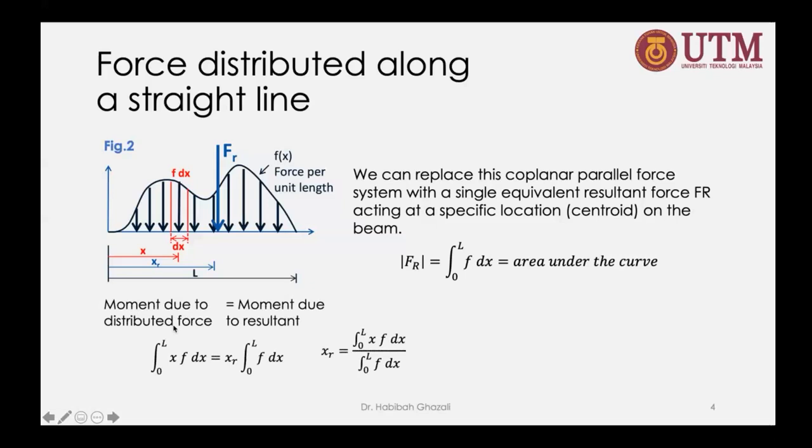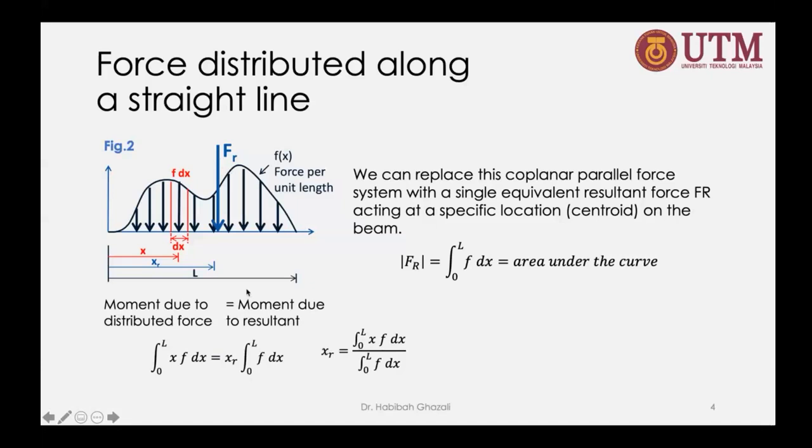So the sum of moment due to the distributed force must be equal to the moment due to the resultant. So from this equation, you can find the centroid at which this resultant force can be placed.